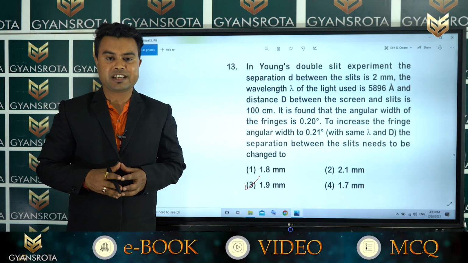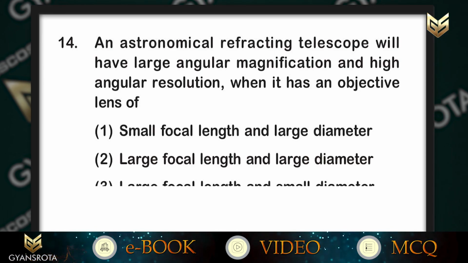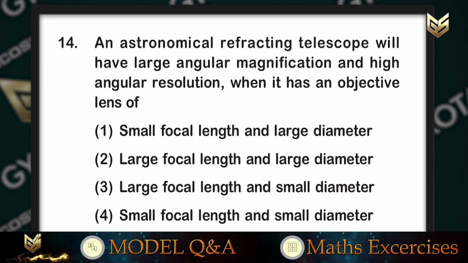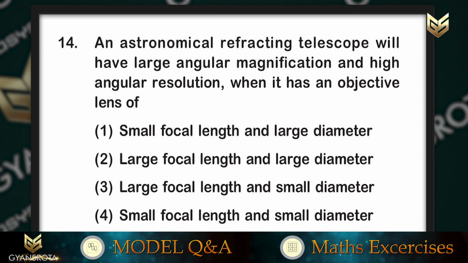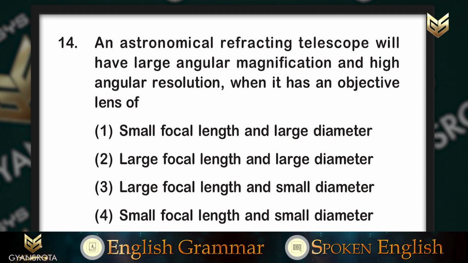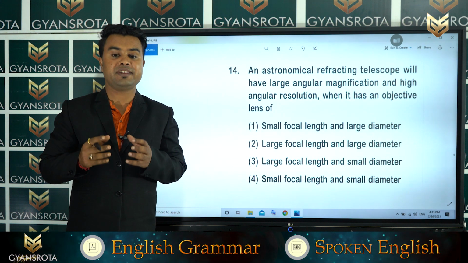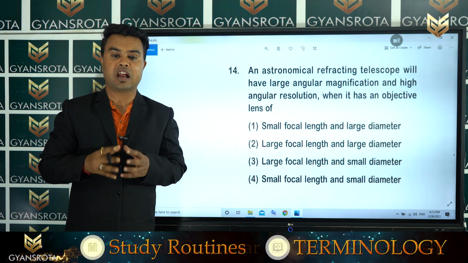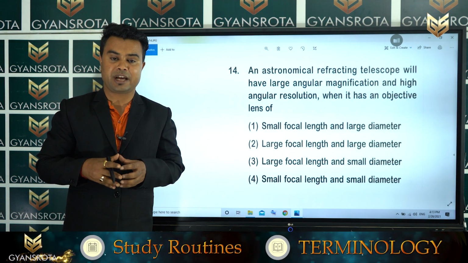Now let us move to the next question, that is question number 14. An astronomical refracting telescope will have large angular magnification and high angular resolution when it has objective lens of. As we know, if you want to focus anything, the objective lens focal length has to be large and its radius also has to be more, or its diameter.